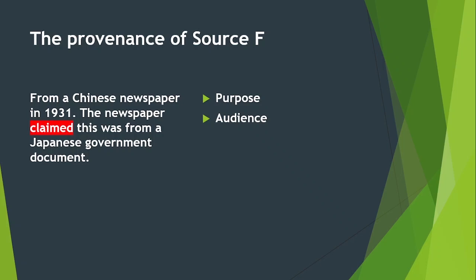Source F is from a Chinese newspaper, which, we are told, claimed to be quoting from a Japanese government document. Note the word claimed. We don't know for sure. So can it be considered as proof that source G is wrong? No, it can't.